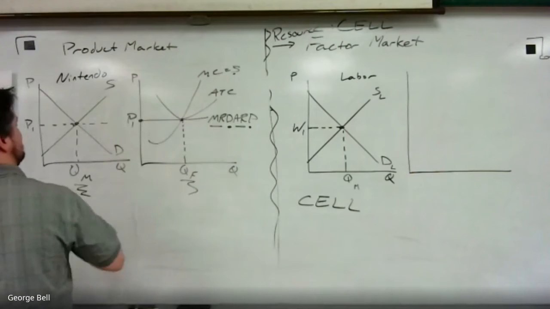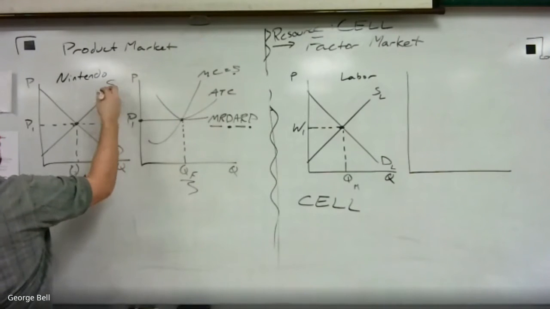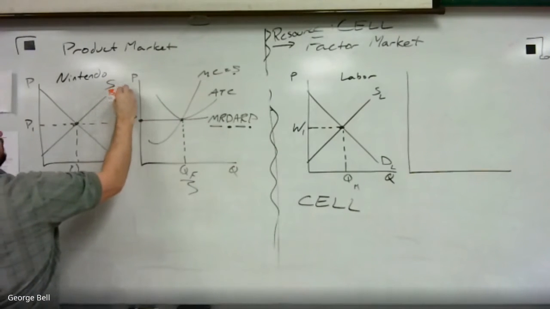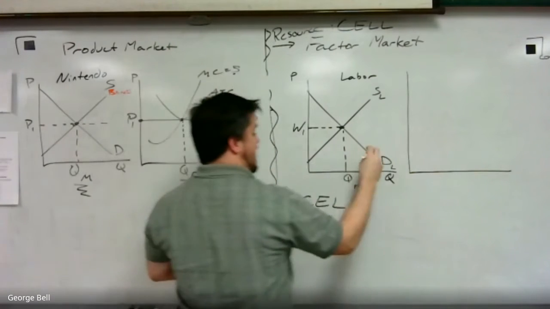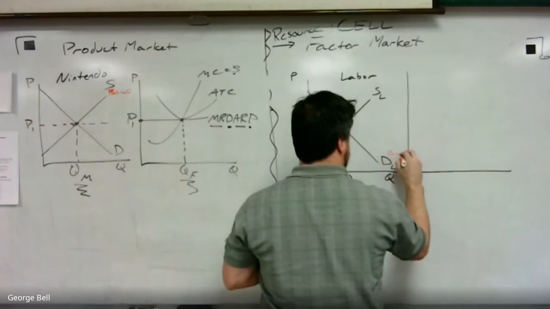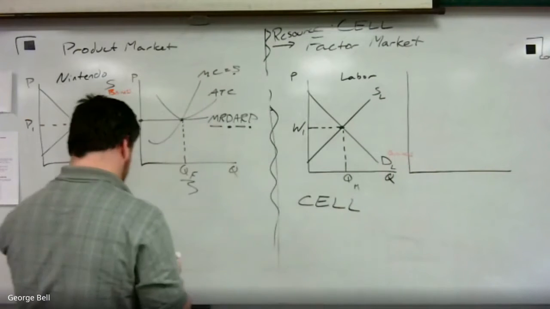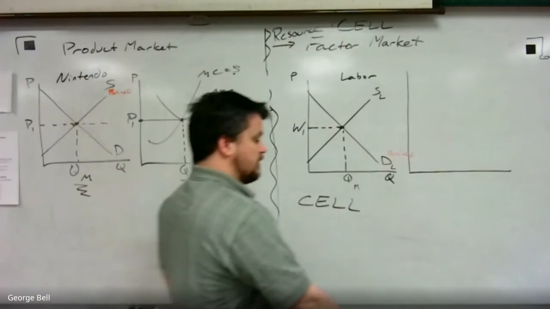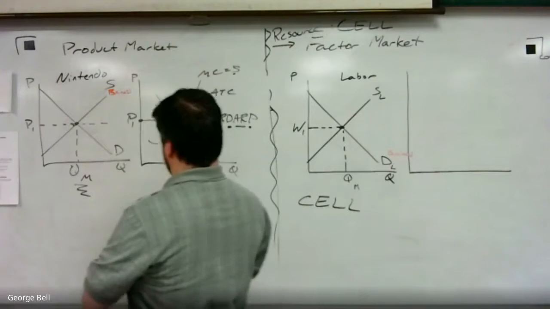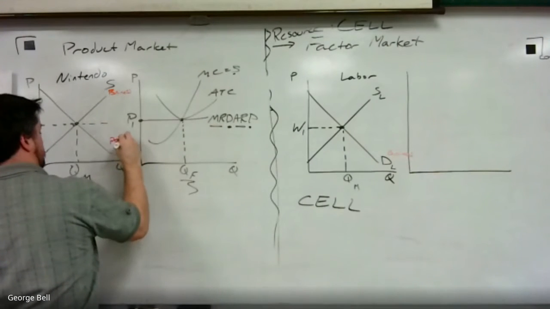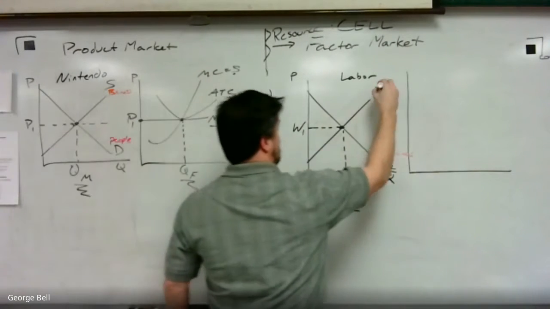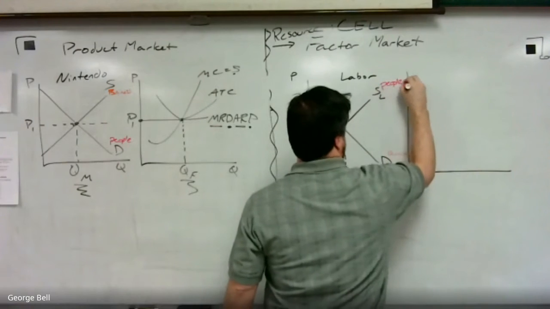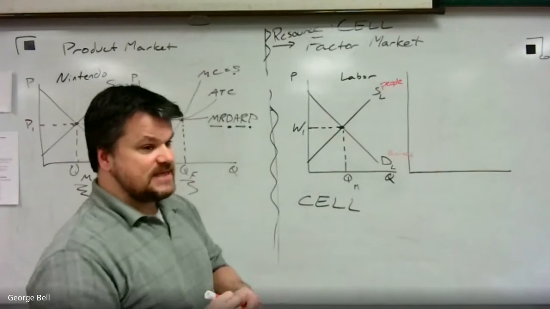What that means is that this over here, supply meant the business. Over here, demand means the business because businesses hire the labor. Over here, then, demand meant the people. And over here, supply is the people because we are the ones that are labor that go out and do the work.